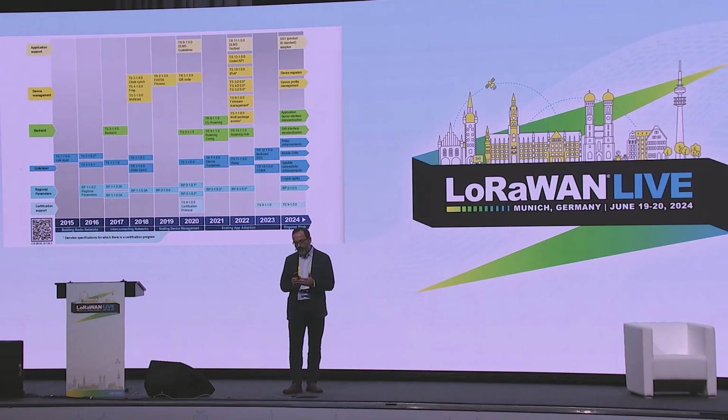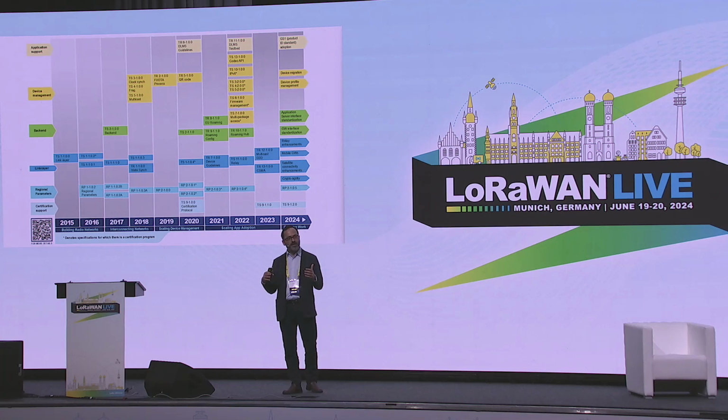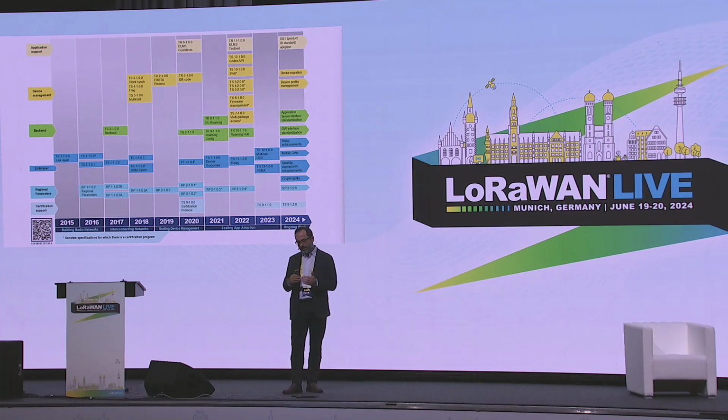This is the era where we entered the interconnecting networks era. You see there are different color codings here. The blue in the middle is the link layer evolution, and below that is the regional parameters, lighter blue. The yellow work stream is the backend.